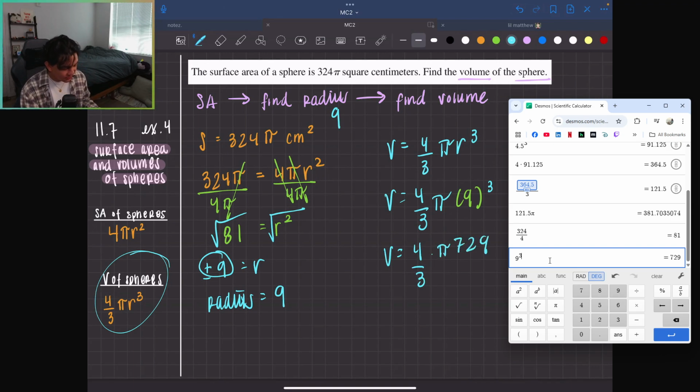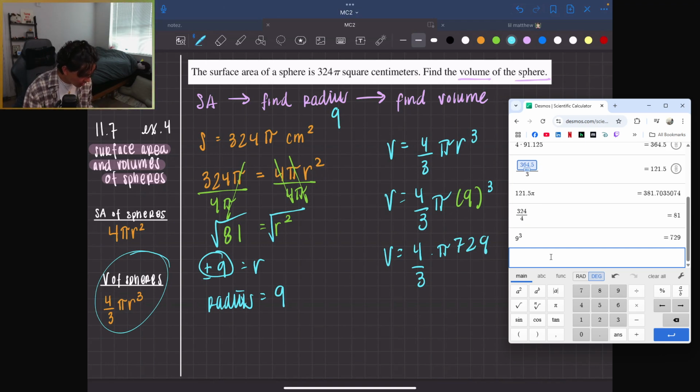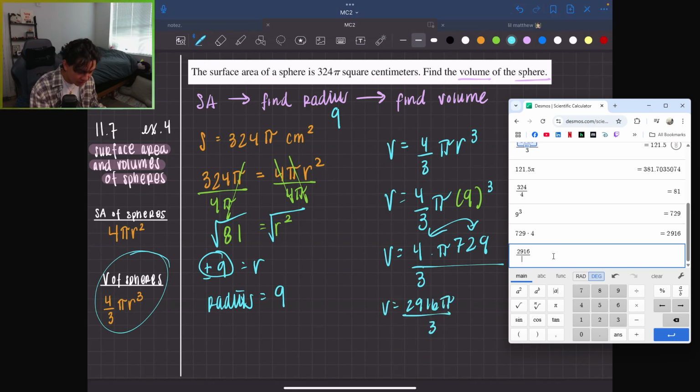All right, let's find out what this is in terms of pi first. If I wanted to do that, remember we could do 4 times pi times 729. So 729 times 4 is 2,916. So now we have 2,916 pi over 3. Hopefully it's divisible. 2,916 divided by 3 is 972.